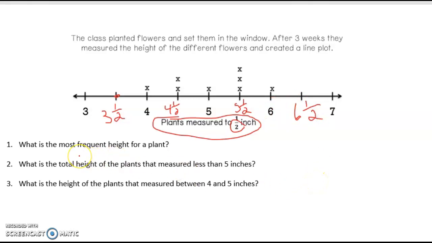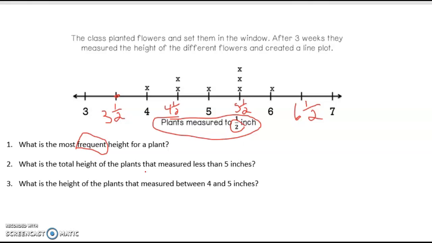What is the most frequent height for a plant? Here's a new word for us. Frequent. Frequent means happening the most. What is the most frequent thing that you eat for dessert? That means what do you eat for dessert the most? So this is what is the most frequent height for a plant.